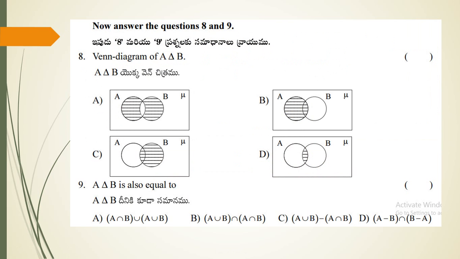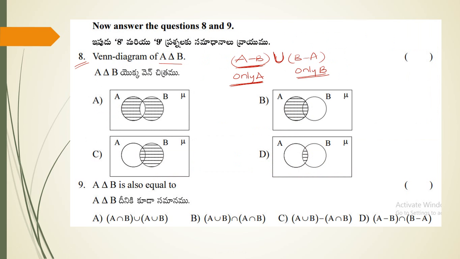Now let us see question number 8 and 9. Question number 8: the Venn diagram of A delta B. What is A delta B first? A delta B is nothing but the union of A minus B and B minus A. A minus B is nothing but only A, and B minus A is nothing but only B. That means only the A part should be filled, and only the B part should be filled, and I need to consider their union.